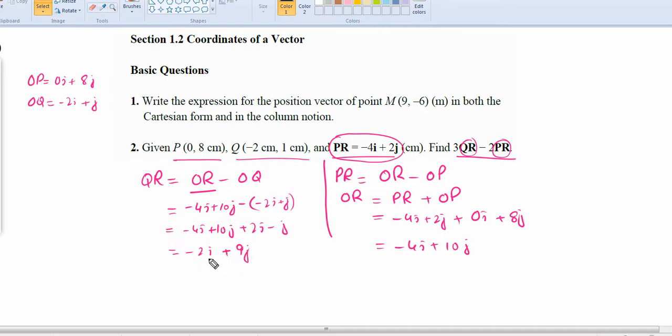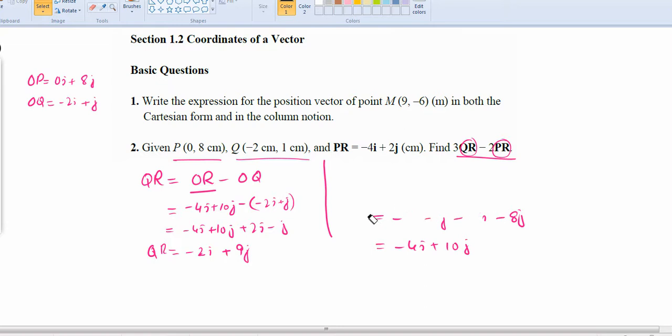So this will be my vector QR. Now I have QR, I have PR, so I can work out that expression. So let me just erase it. This expression is 3QR minus 2PR.